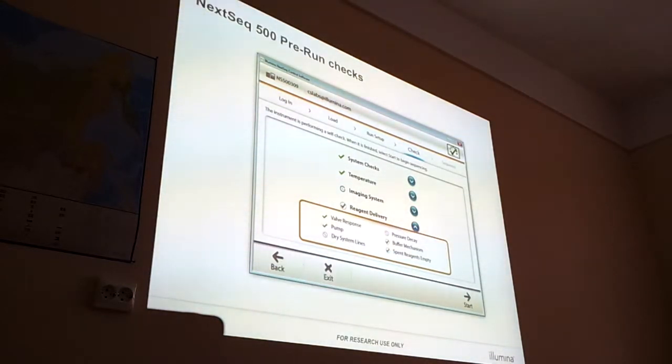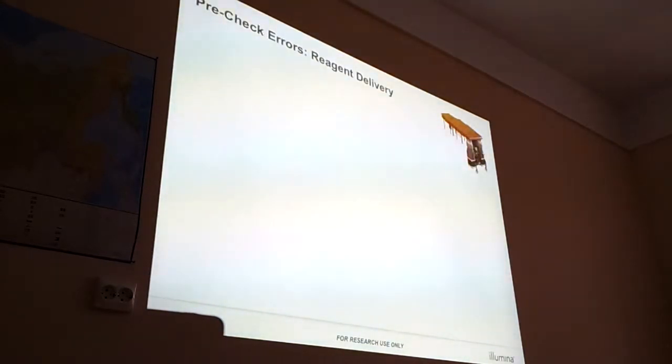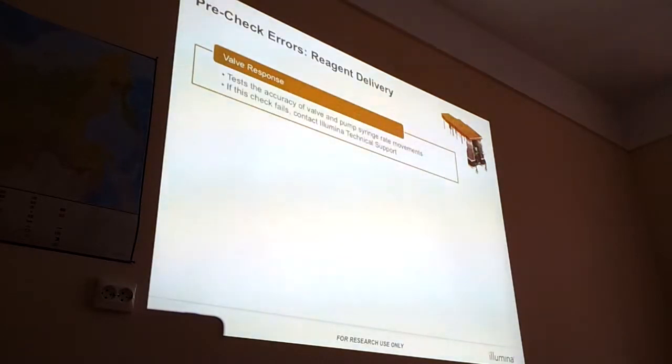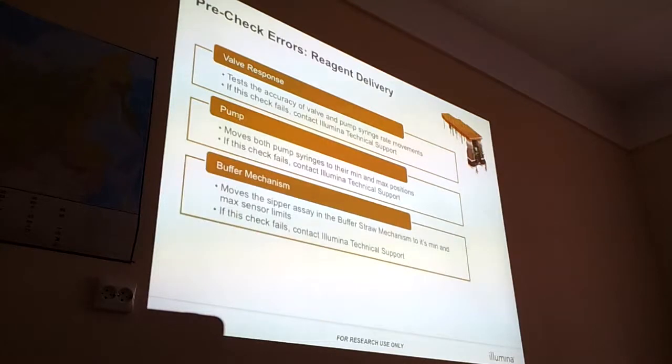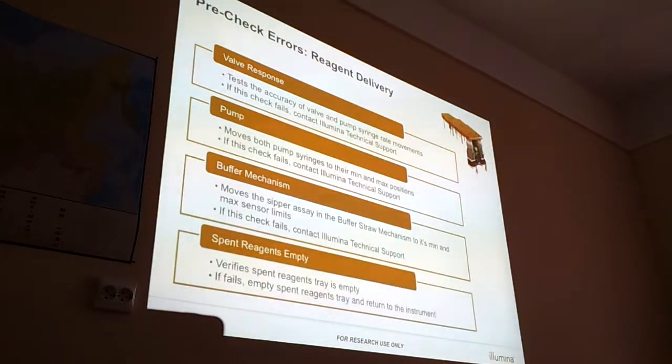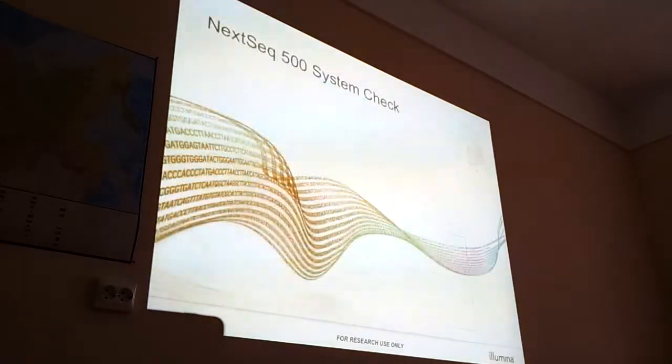Here is the fluidics. If it's something wrong, you have to call us. Only, of course, if you forget to empty the spent reagents, the waste, then empty it and don't call us.